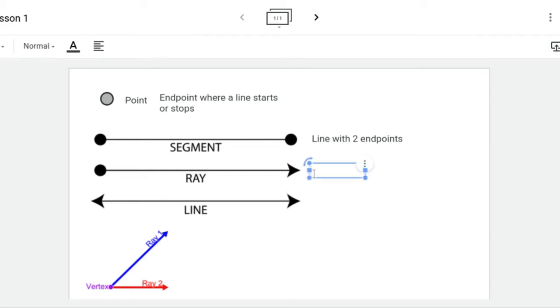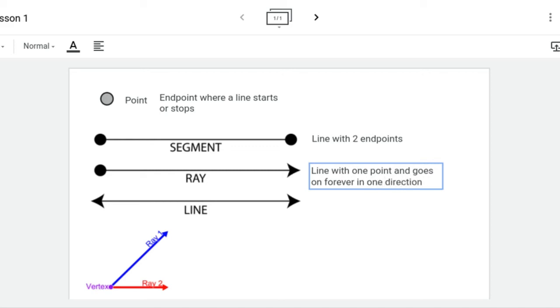A ray is a little different. A ray, not like the name Ray, and not from Star Wars. A ray, in this context, is a line with one endpoint that goes on forever in one direction.